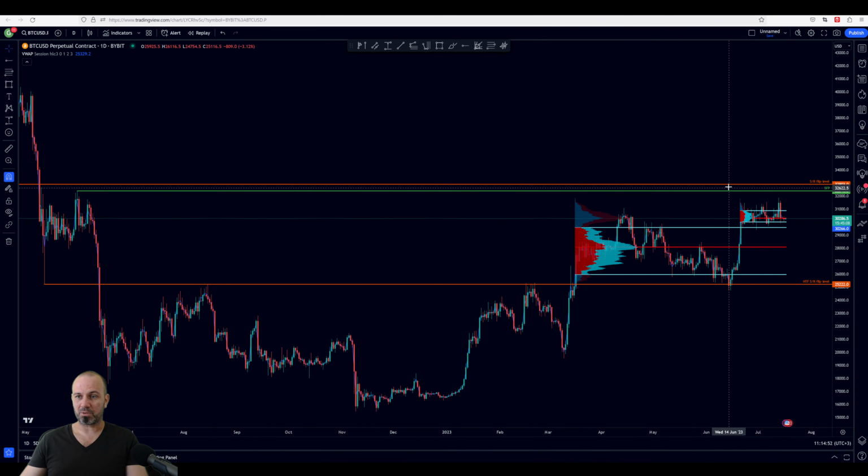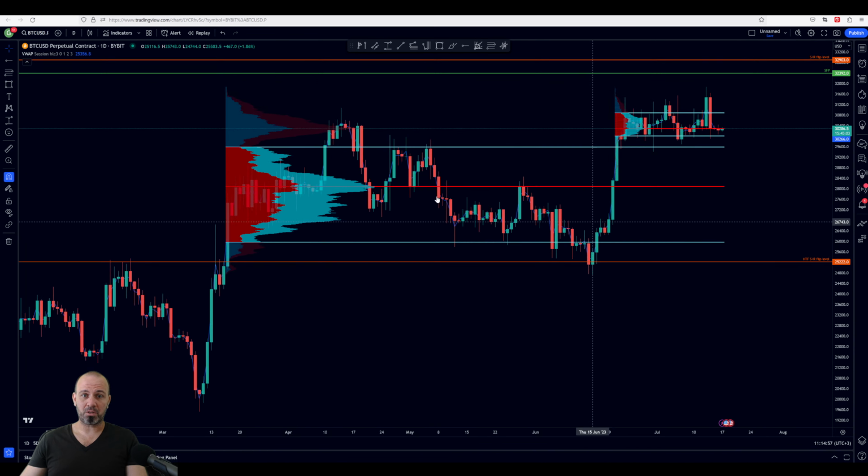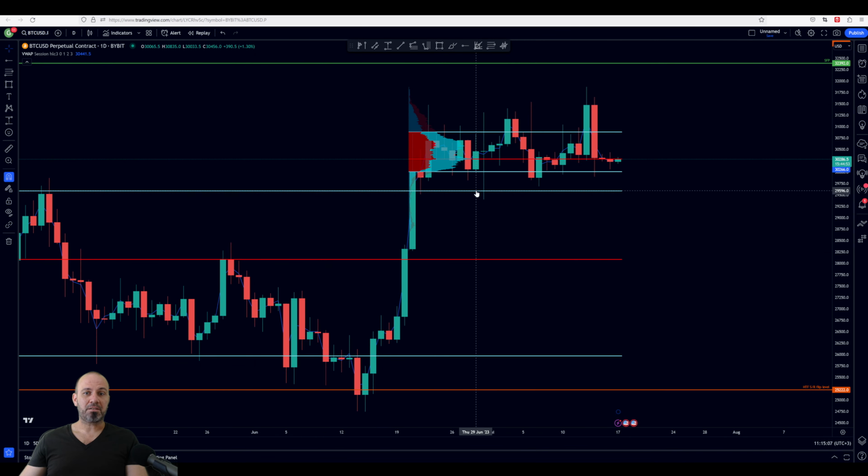So the price could potentially move between these two levels, and more locally, we do have this range. Everything that's happening above this level is creating a mid time frame range, and currently the value area high of this mid time frame range is holding the price, is holding as support. So the price is just consolidating here, and locally we do have a smaller range, and we need to pay attention to what's going on here. But on the high time frame, those are the levels that I am looking at for the moment.